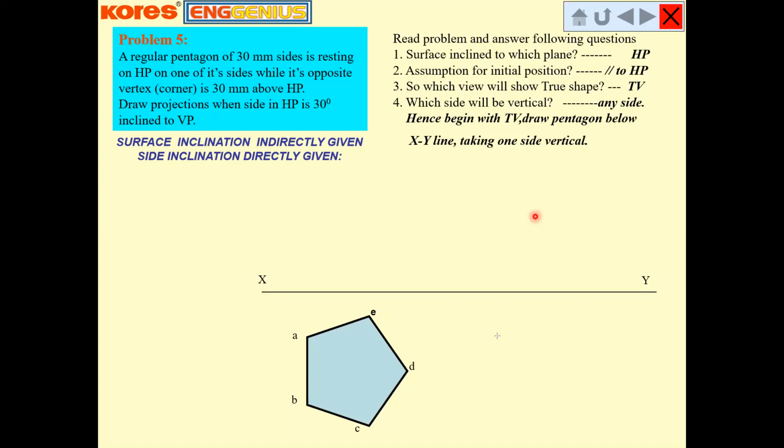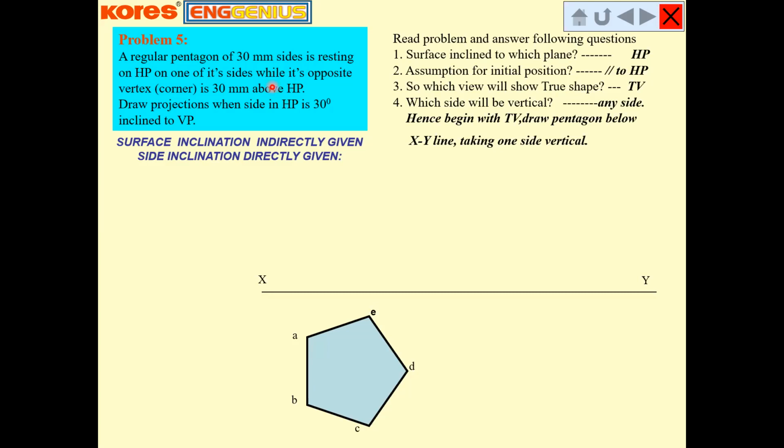We can also create a pentagon like this, by keeping a corner on the leftmost side and an edge on the rightmost side. This kind of orientation can also be there, but the thing is, we need to keep the entity on which the plane is resting on the leftmost side.